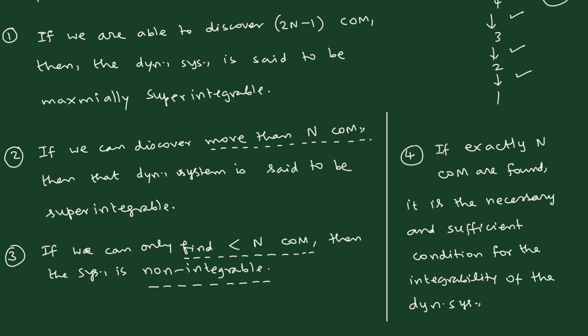Non-integrable system means unsolvable problem. So that is the meaning. From the difficulty of the unsolvable problem, you have entered into the regime where we say that the problem is solvable. That is what it means to say, if you are able to discover n number of constants of the motion. So this is the terminology.